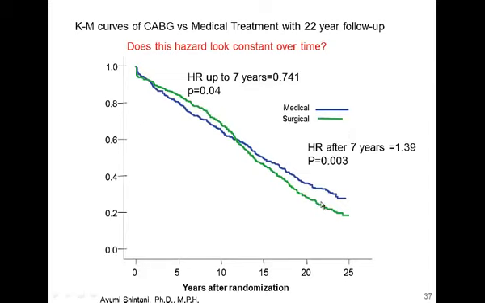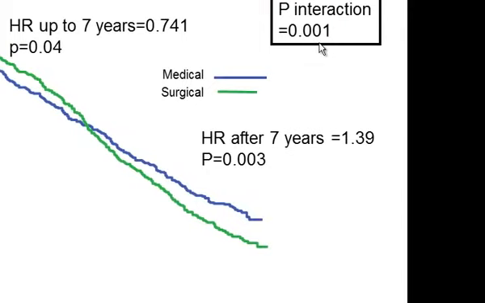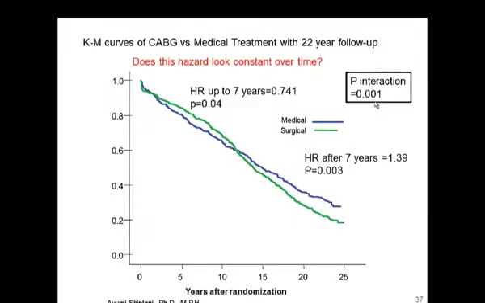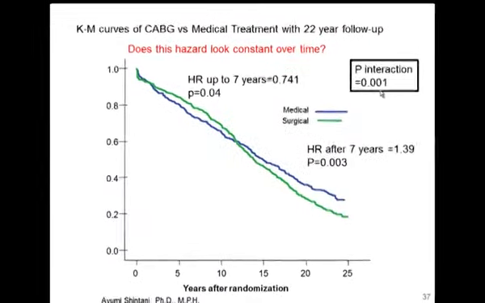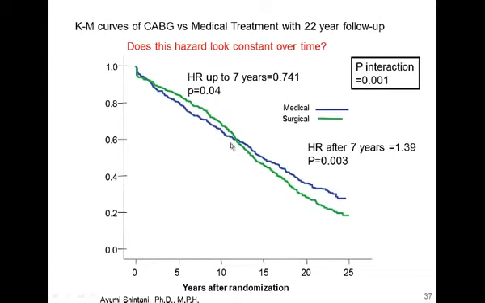And then the p-value for the interaction lets us assess whether 0.741 and 1.39 are statistically different, and that is 0.001. This is the p-value on the cross-product term from our analysis. When you see the effect of treatment changing over time, it is very important to perform analysis separately for the time intervals where you see the effect changed.